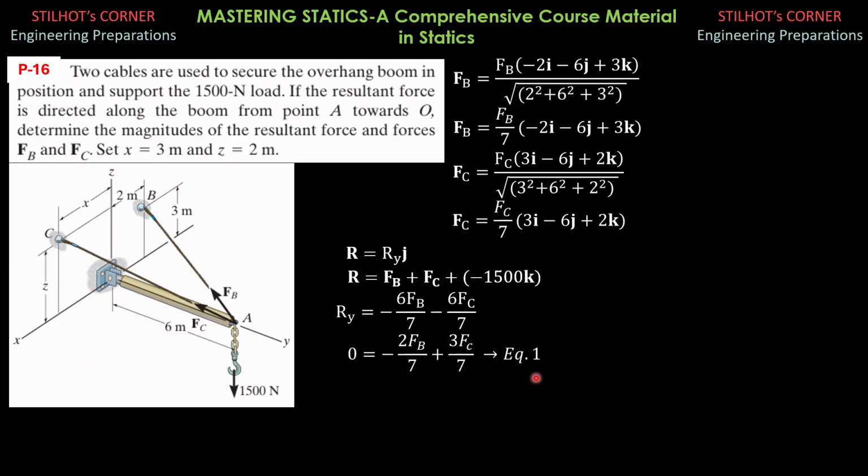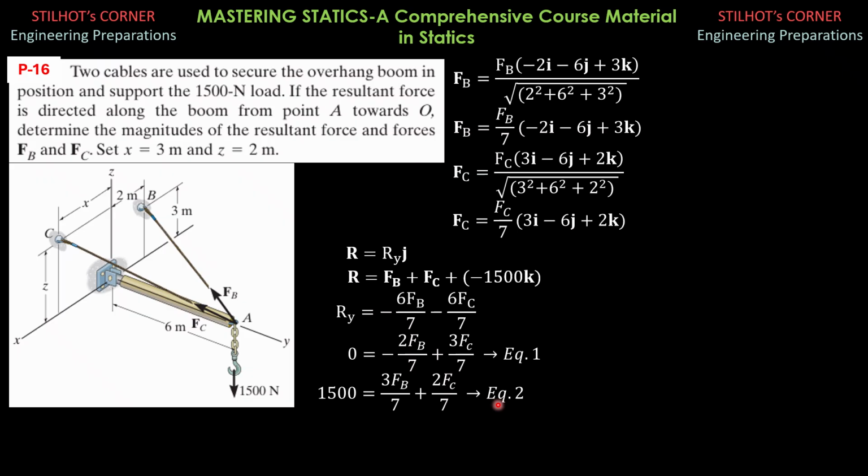Then Rz equals 0. Summation of forces along z equals 0. So 0 equals 3 over 7 FB, then plus 2 over 7 FC, then supposedly minus 1,500 equals 0.